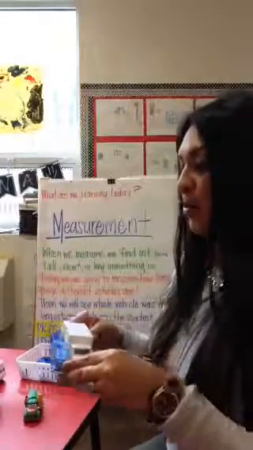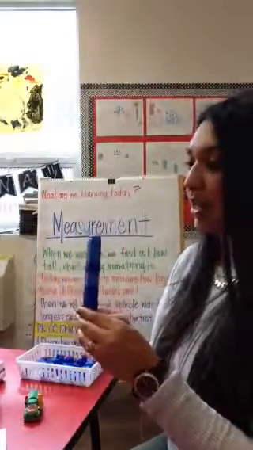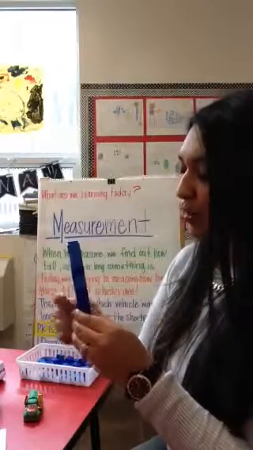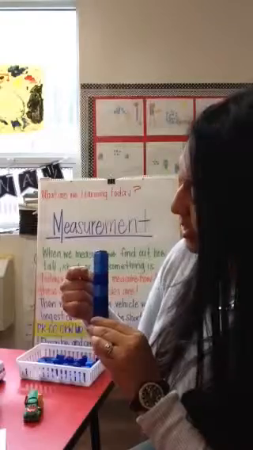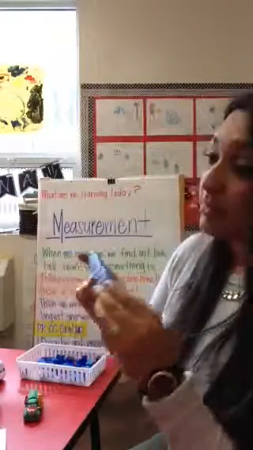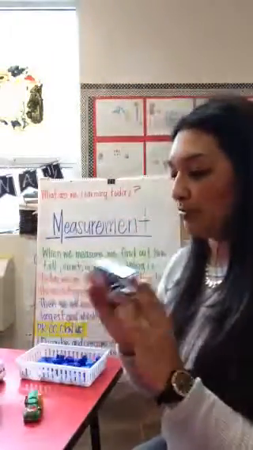So I don't need to add more. Now let's see, how many did I put? Let's count them together. Ready? 1, 2, 3, 4, 5, 6, 7. So how many did we use? 7, that's right. So this vehicle is 7 Unifix cubes long.